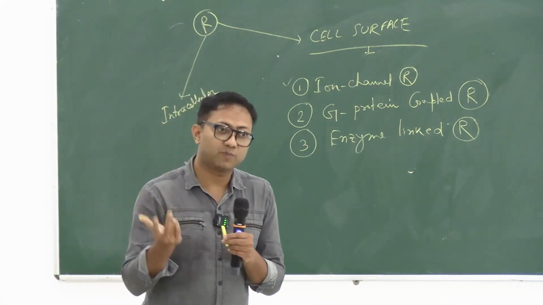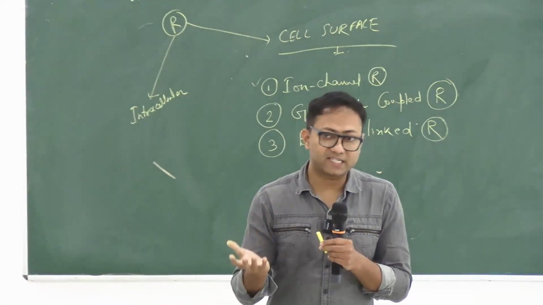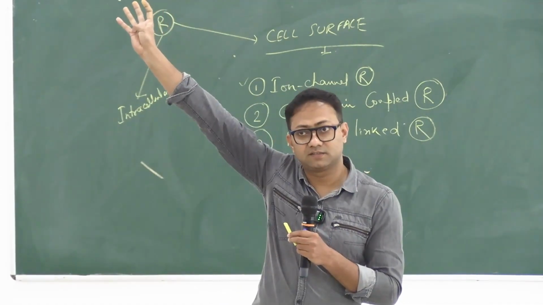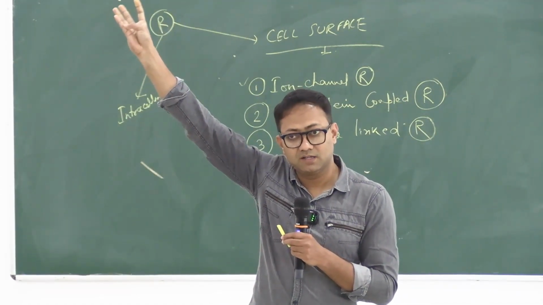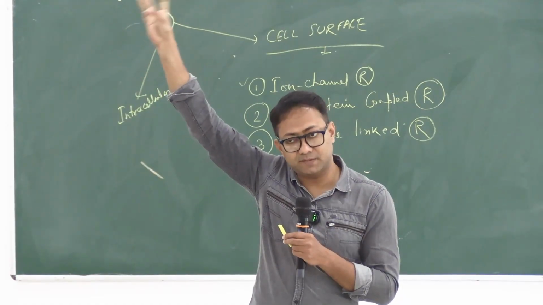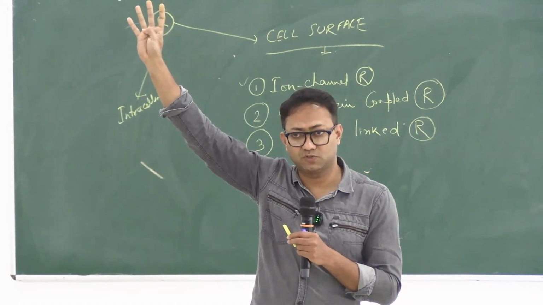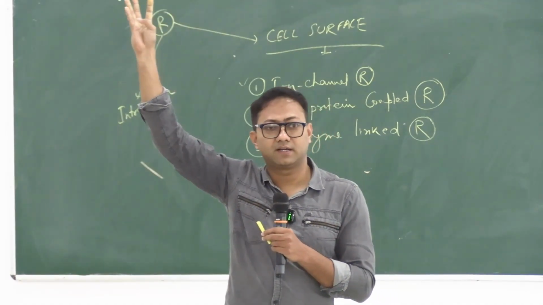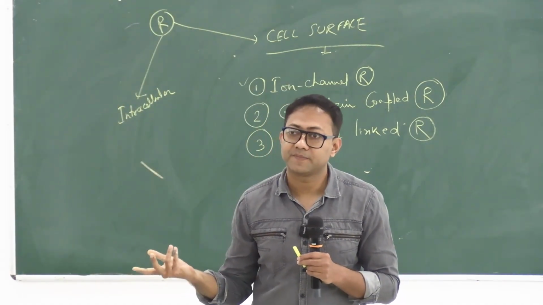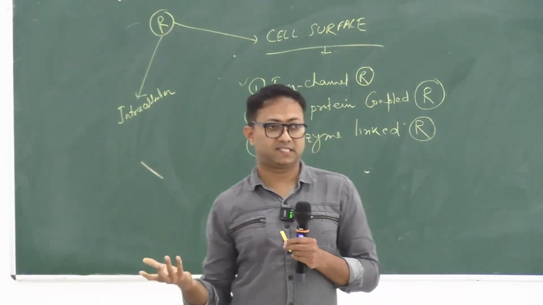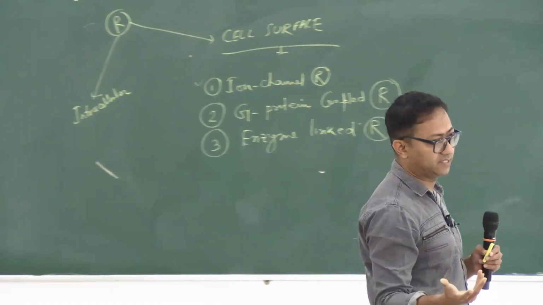ठीक है. That you must remember, and remember the examples are glycine, GABA, glutamate, histamine. ठीक है. सेरोटोनिन. एटलीस्ट ये 5 याद रखो. GABA, glycine. What is GABA? GABA. Yes, gamma amino butyric acid.